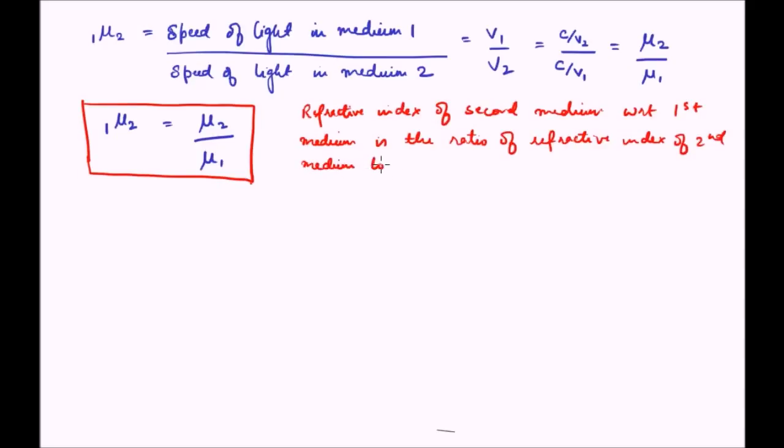Okay, so we can find the refractive index of a combination of different mediums if we know the refractive index of those two mediums with respect to vacuum.